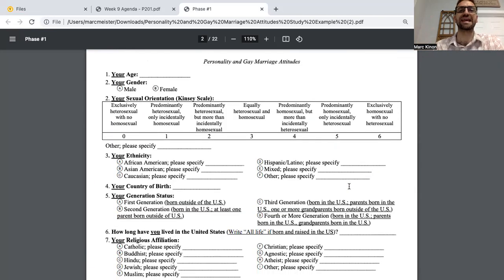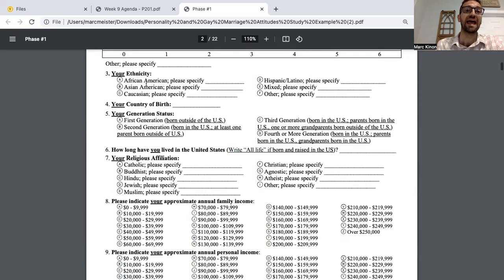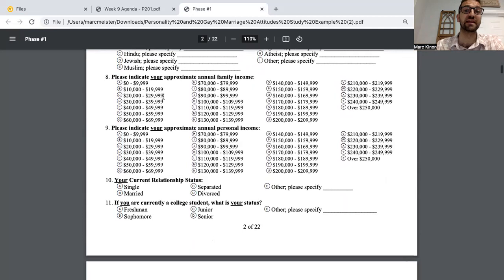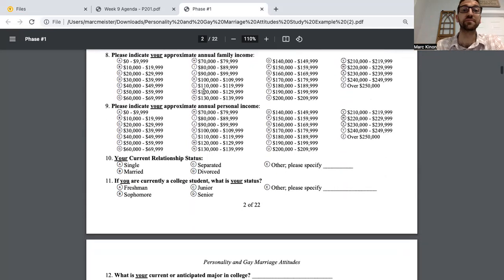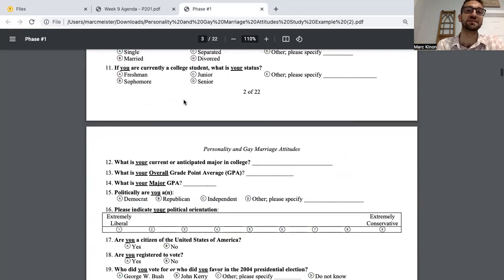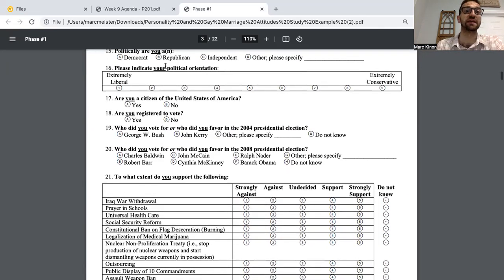Next, participants answered a series of demographics questions, including age, gender, sexual orientation, Kinsey scale, ethnicity, country of birth, generation status, religious affiliation, annual family income, annual personal income, relationship status, college status, current GPA, overall GPA, major GPA.